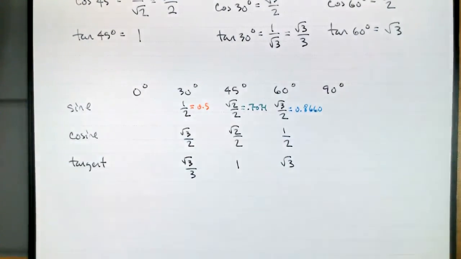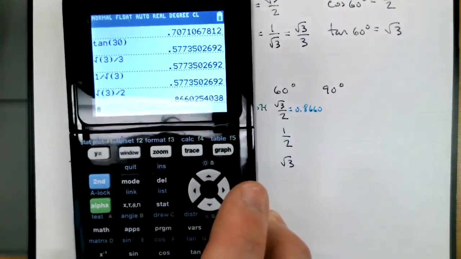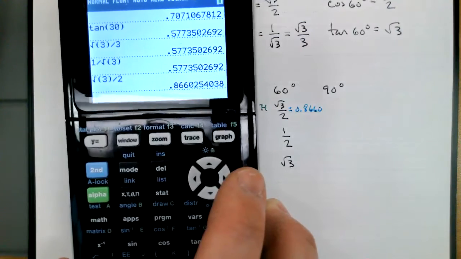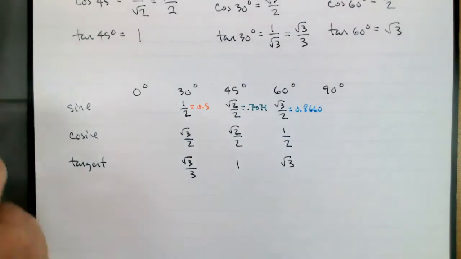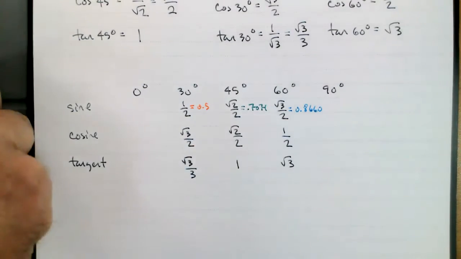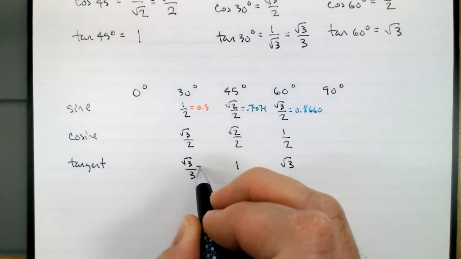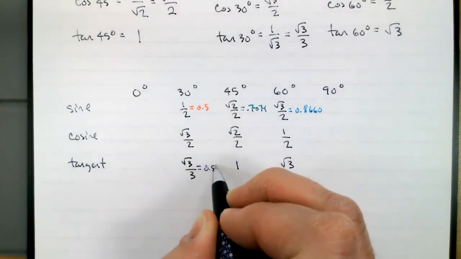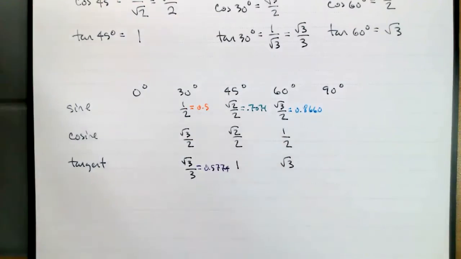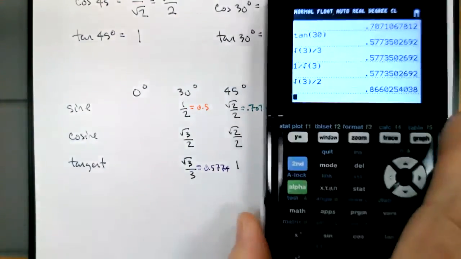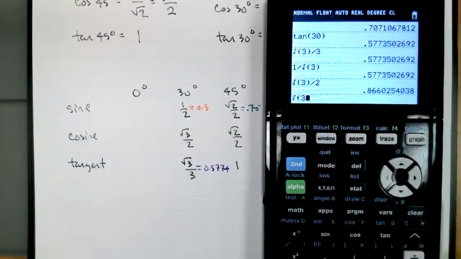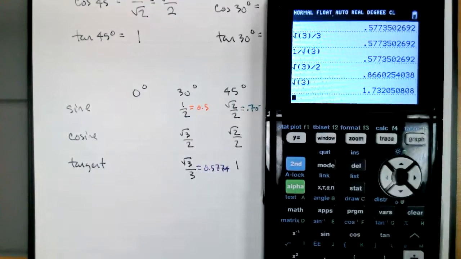We had previously looked at 1 over the square root of 3, which is the square root of 3/3, and that's 0.5774. And the square root of 3 is 1.732.